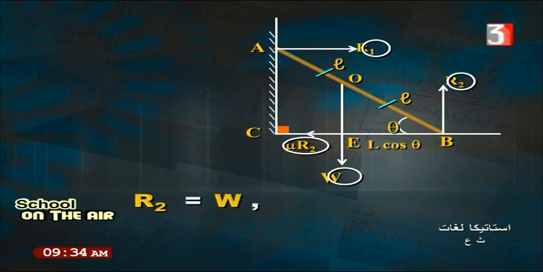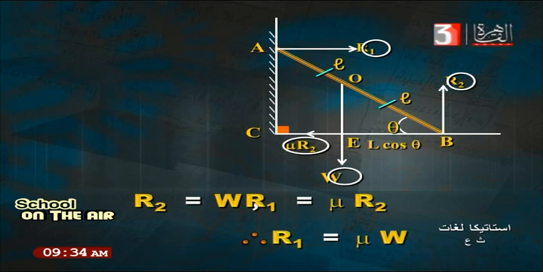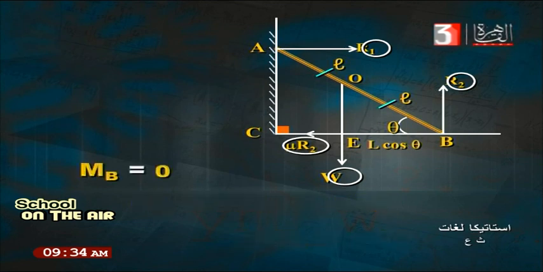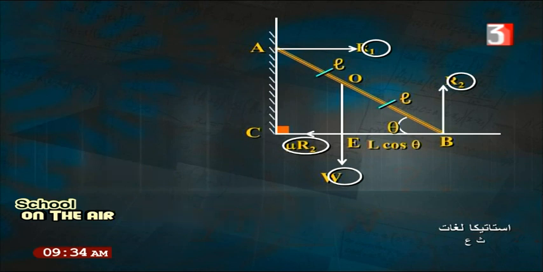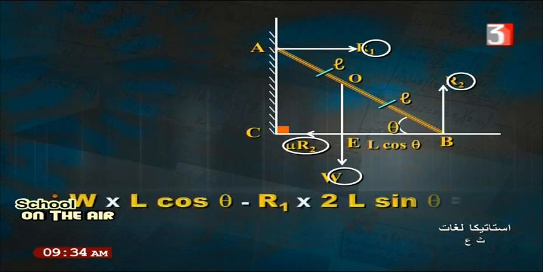Therefore, by using the equations, R2 equals W, and R1 equals mu R2. Therefore, R1 equals mu W. Moment at B equals 0. Therefore, W times BE minus R1 times AC equals 0. Therefore, W times L cosine theta minus R1 times 2L sine theta equals 0.